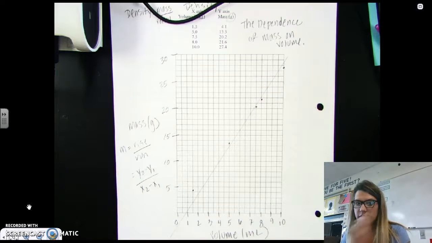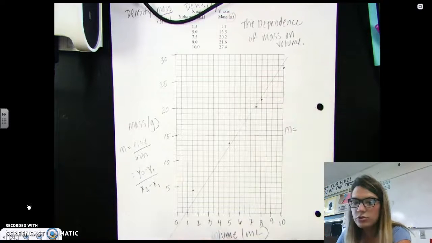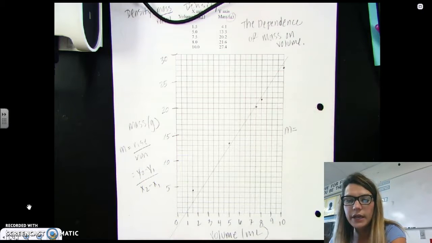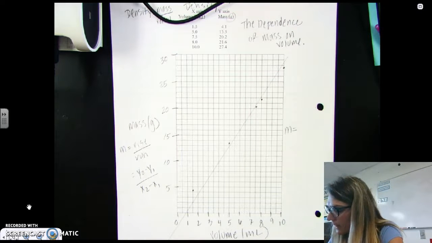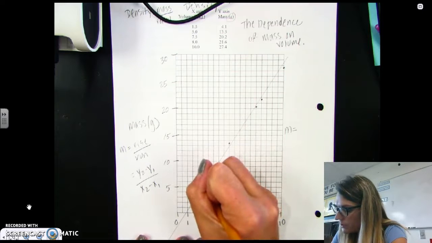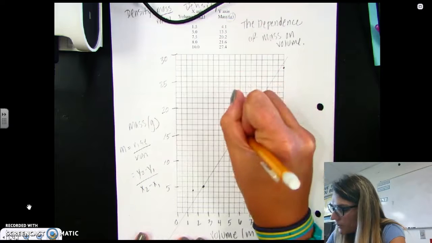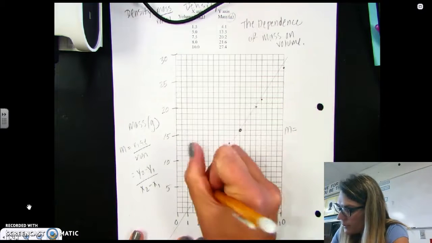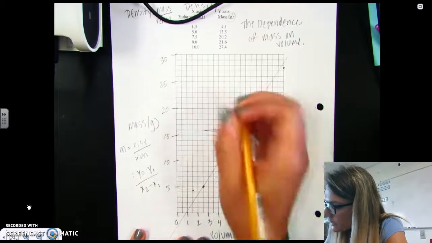Let's do this math here. First thing I need to do is find 2 points on my line of best fit, preferably through an origin so I can find the value easily. So I have a point here that's through the origin, and I have a point here that's through the origin. These are my 2 points that I'm going to use.